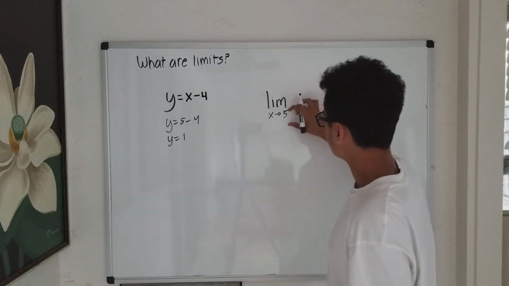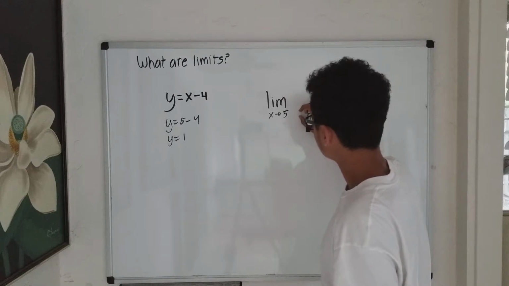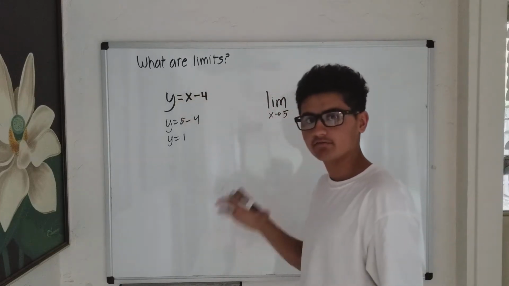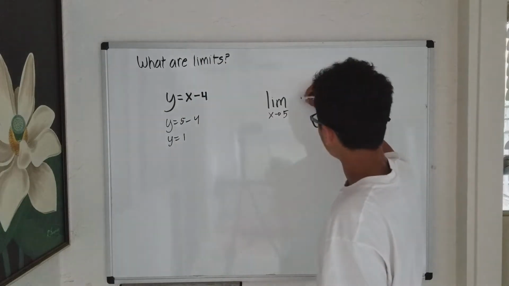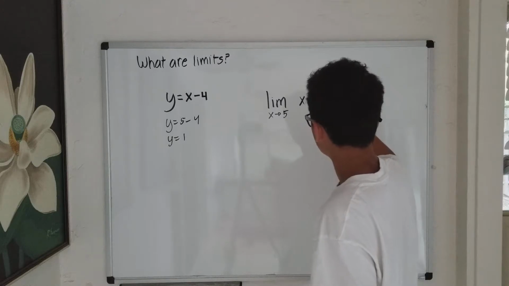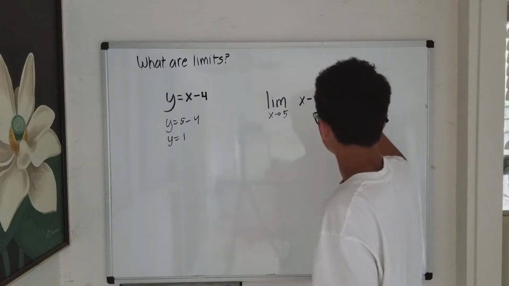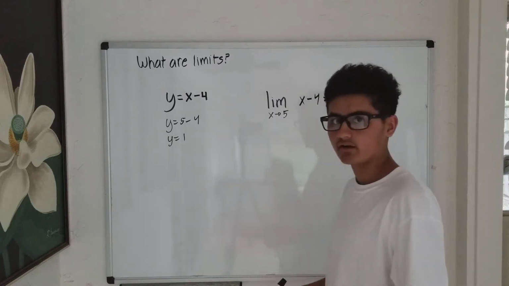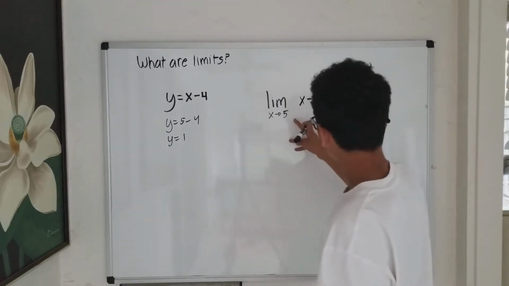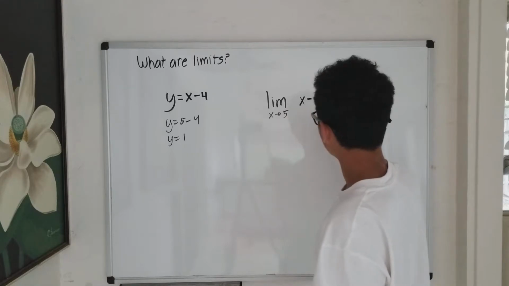So limit as x approaches 5 of, and in this case we don't need to write y because we're taking it as a function value here, x minus 4 equals 1, because as you're getting closer to 5, it's getting to 1.